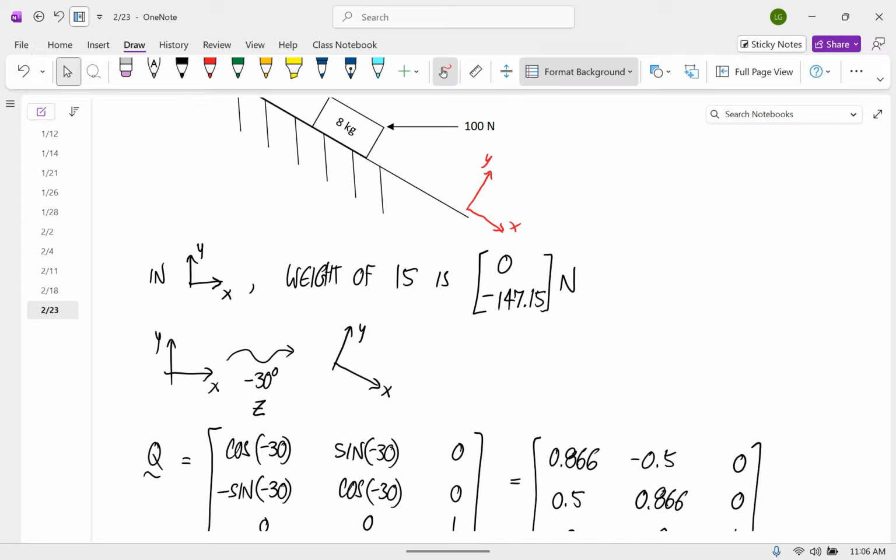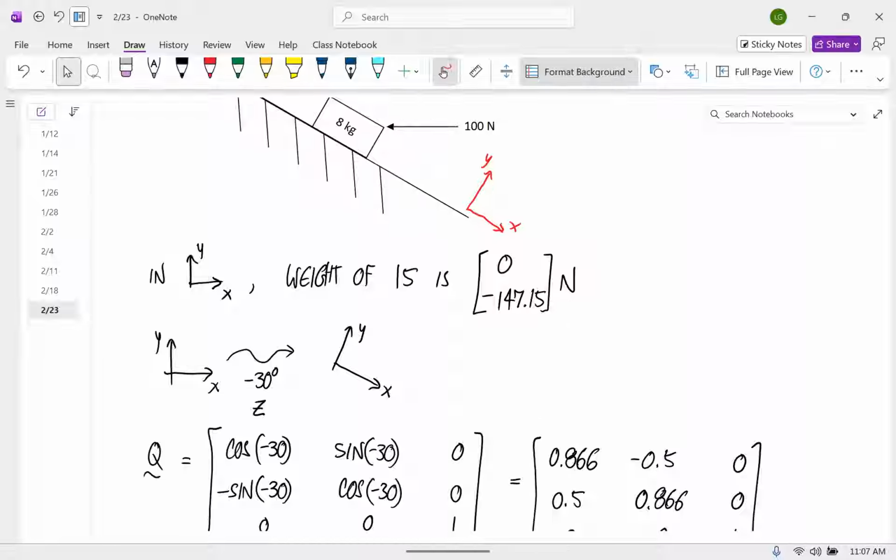And I had to do it 30 this way, so that's the negative z direction. I could have gone all the way around. That's fine. And then it would have been a positive rotation of 330 degrees, and that would come out with the same numbers. Any other questions?